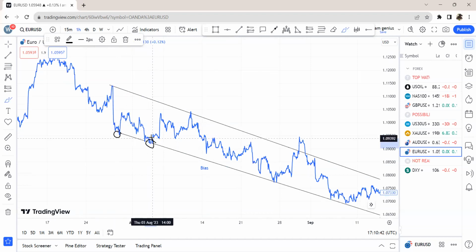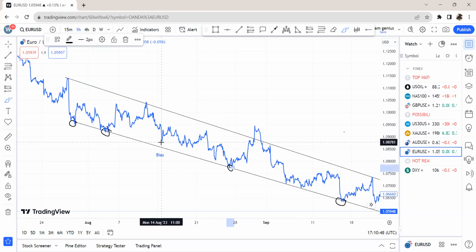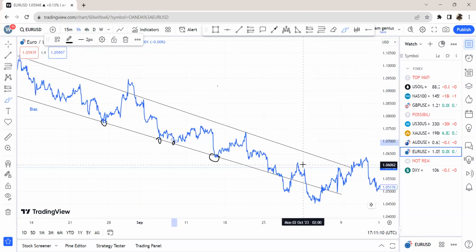So there's this point here. There's also this point. You're going to ignore these two smaller ones inside, like this one here. You only mark out the points where the market had touched this level, the trend line. So you also have this one here. You can also have this one, but they are almost at the same point as that other one.